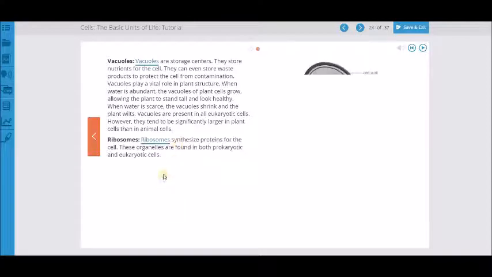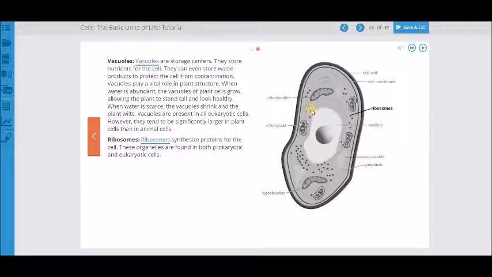Okay. The ribosomes are interesting little guys because they make proteins, and every eukaryotic cell has to have ribosomes. Some have a bunch, some only have a few, but they make proteins, and this is going to be something we talk about a lot when we get to DNA, because protein production is the point of DNA. In fact, some people say that's what cells do, is basically make proteins.